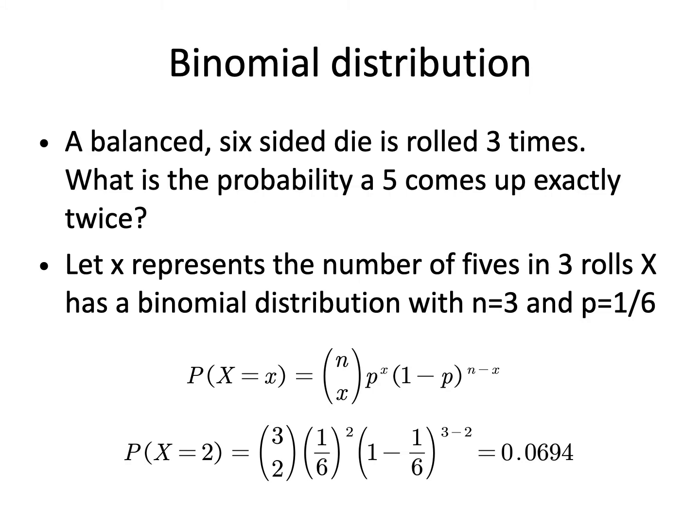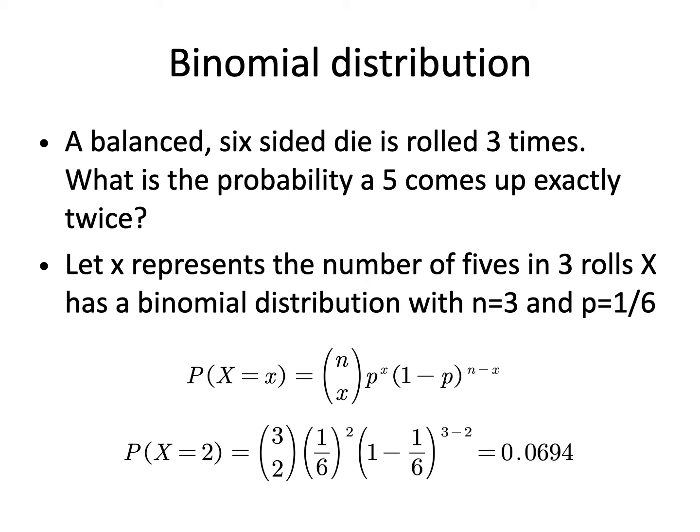Let us see a simple example of the binomial distribution. Suppose we have a balanced 6-sided fair die which is rolled 3 times. We will see what is the probability that a 5 comes up exactly twice.